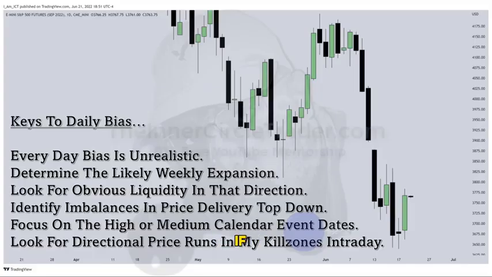If you go through your economic calendar, in fact, you can look at next month's economic calendar. They're already there. Where are the high impact or medium impact news events for the markets that you trade? What day of the week and what time?